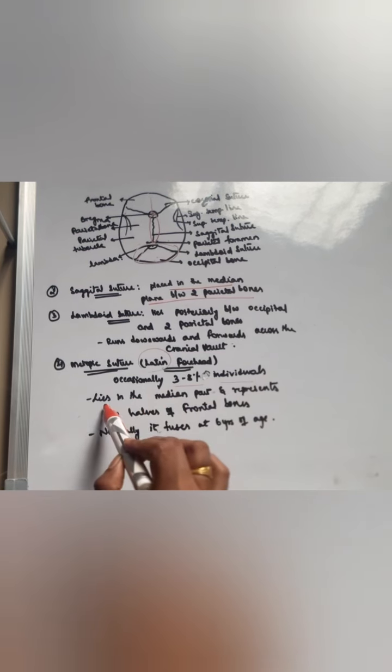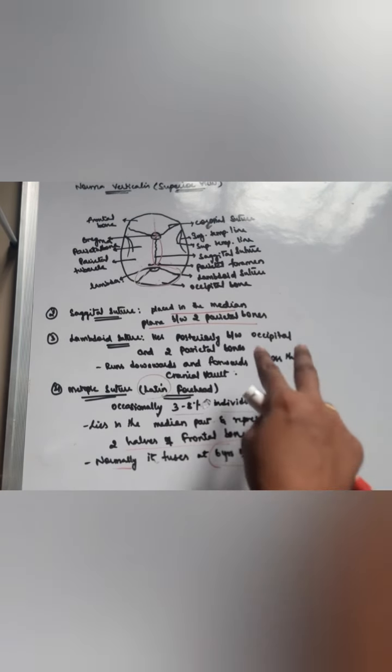Occasionally, in 3 to 8% of individuals it can be seen, and this lies in the middle part and represents the two halves of the frontal bone. And normally this metopic suture fuses at 6 years of age. These are all about the sutures that can be seen in the superior view. Now let's see the other features also that can be seen in the superior view.